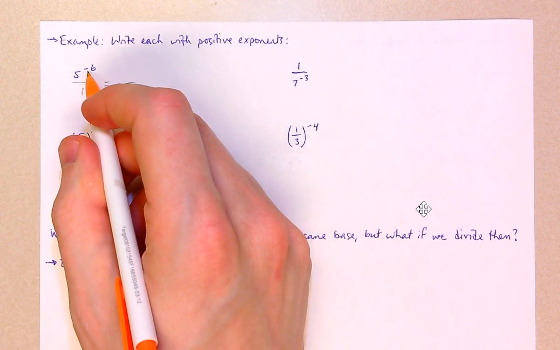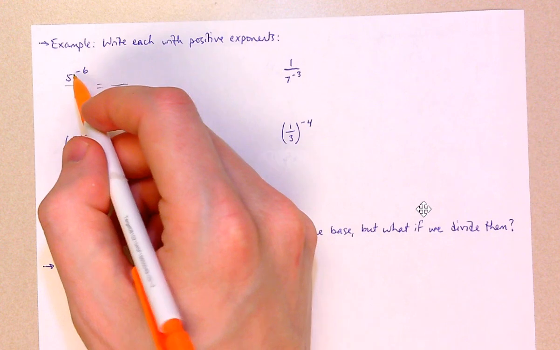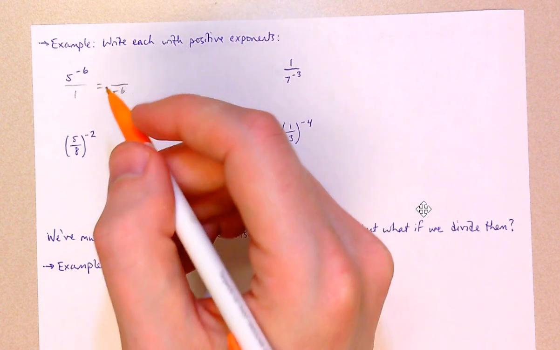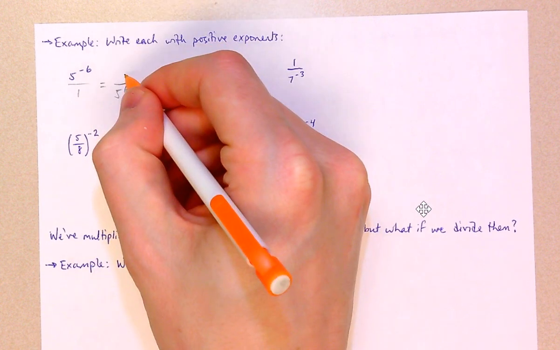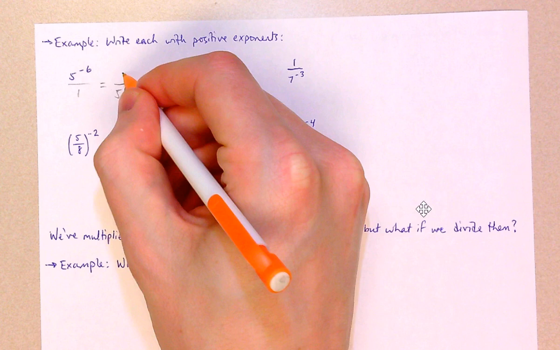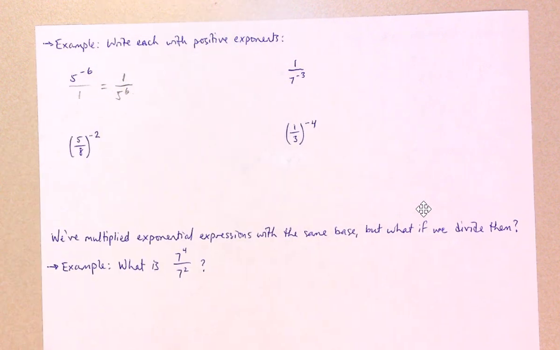When you send it down, you remove the minus sign on that exponent. So we have 5 to the power of 6 on the bottom, and we put 1 over that. So 5 to the power of negative 6 is the same thing as 1 over 5 to the power of 6.